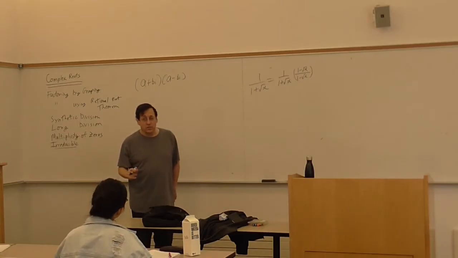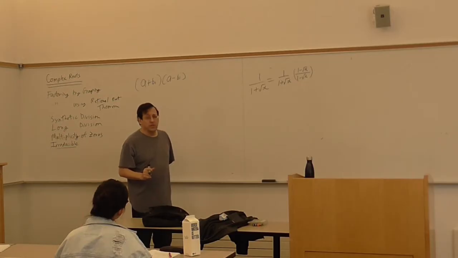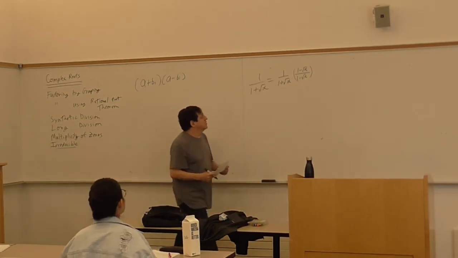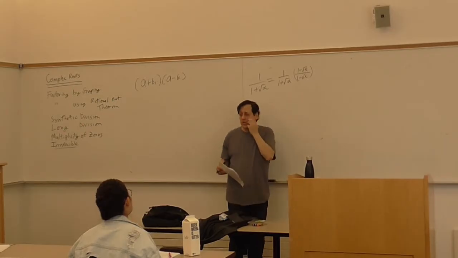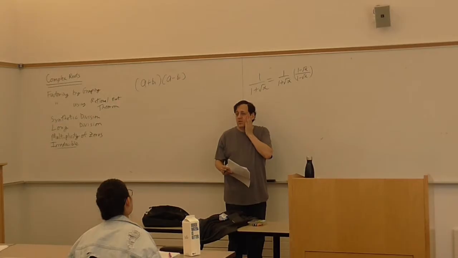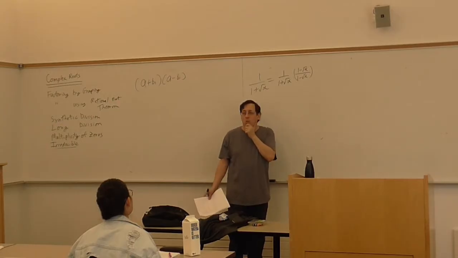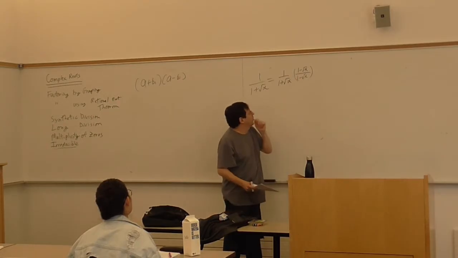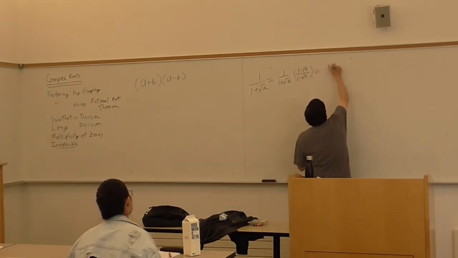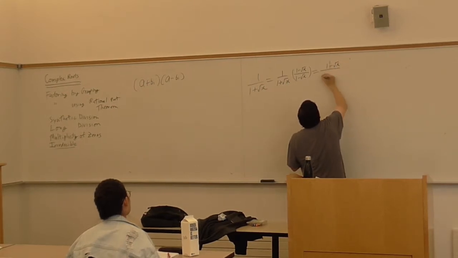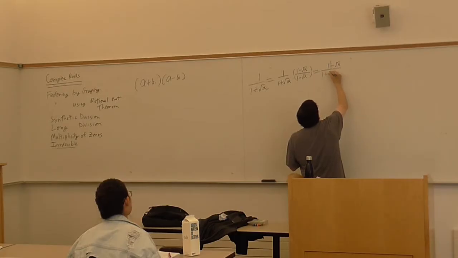Except when is that not 1? Be on the lookout. When is this not 1? When x equals 1, yeah, because that would be 0 over 0. We're not going to worry about that now. So on top I get 1 minus the square root of x, and on the bottom I have 1 plus the square root of x times 1 minus the square root of x.